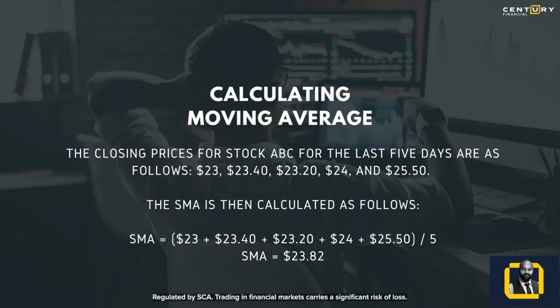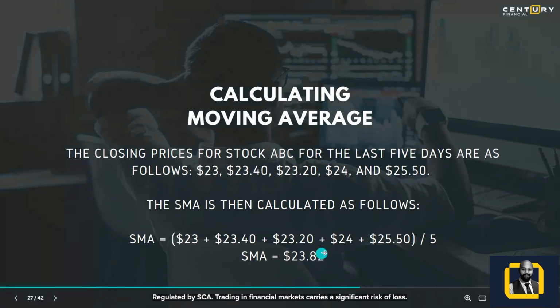Now, 23.82 could act as a support when the market comes back down. Let's say on day 5 the price was at 25.5, and on day 6 it starts dropping and coming towards 23.82, which is the average price.